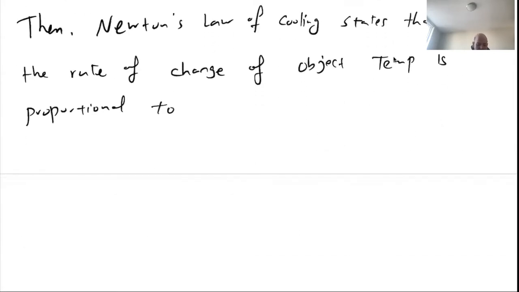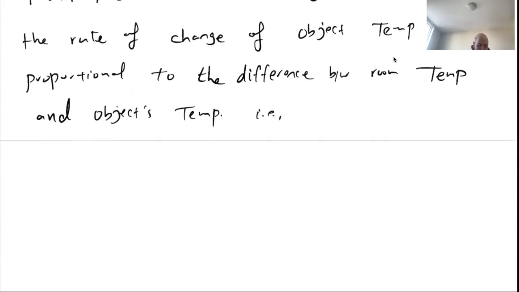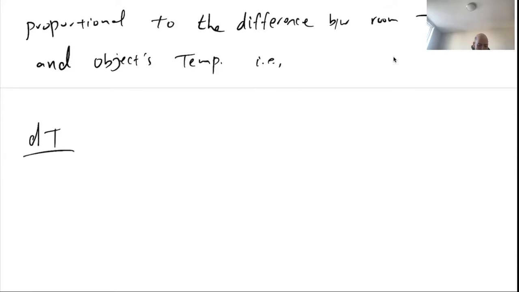It's proportional to the difference between room temperature and object temperature. In other words, we can say that dT/dt is equal to some constant k times (T minus Te).